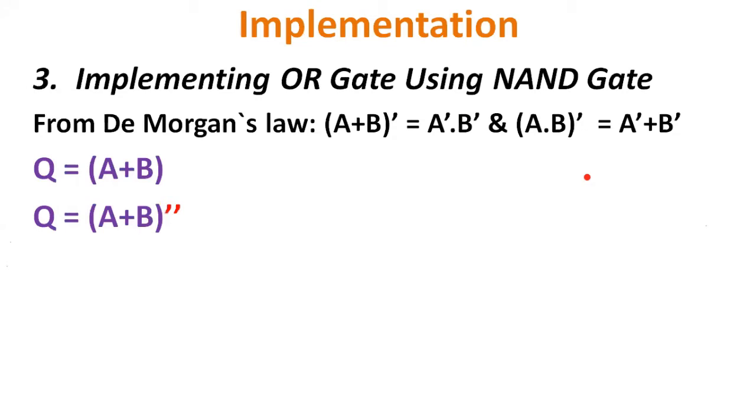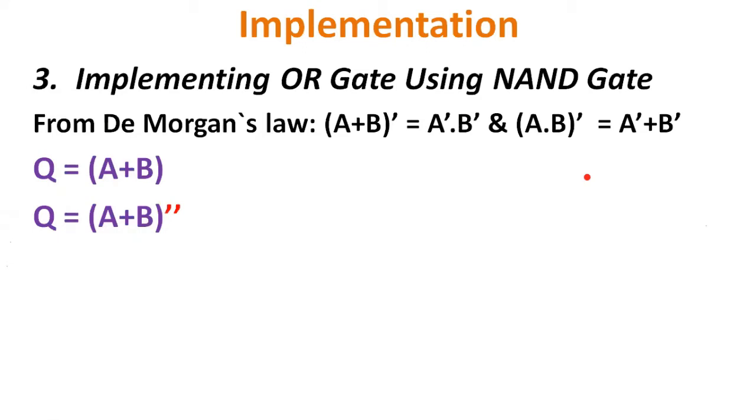Finally, we don't want a plus sign in the expression because anyhow we are going to implement it using NAND gate only, so the plus sign should not be there in the final expression.